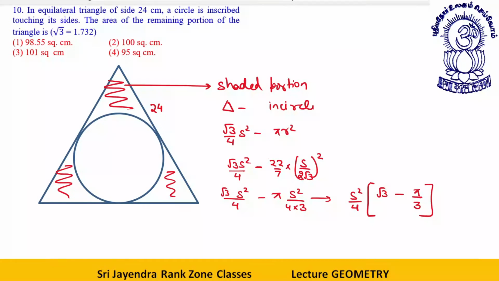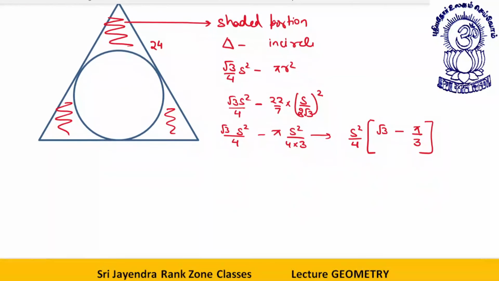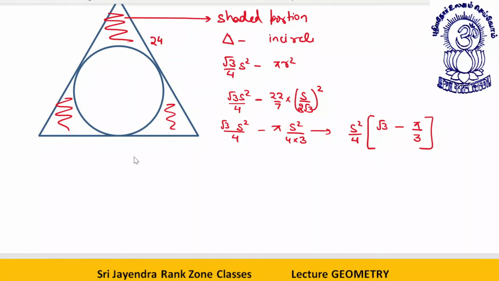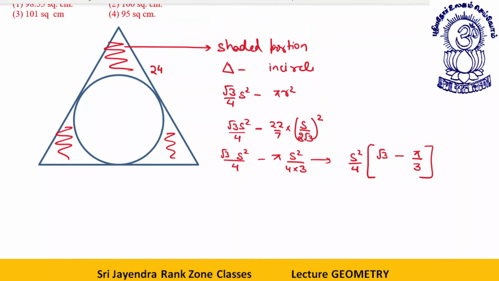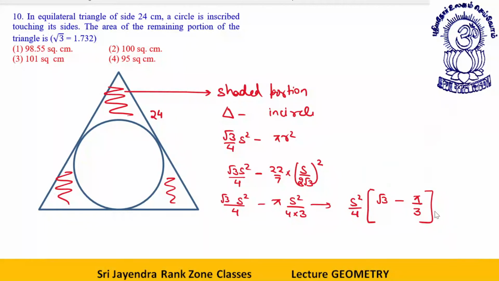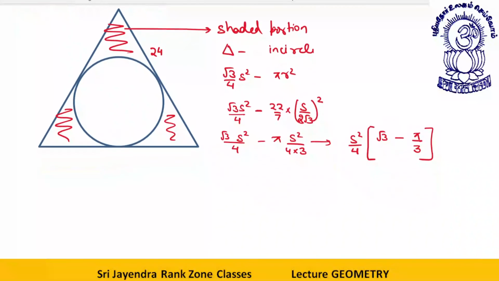Now this calculation can be a bit lengthy, but still we'll do it. See, S is 24. So if I put S as 24, what do I get? I get 24 into 24 divided by 4, into root 3.